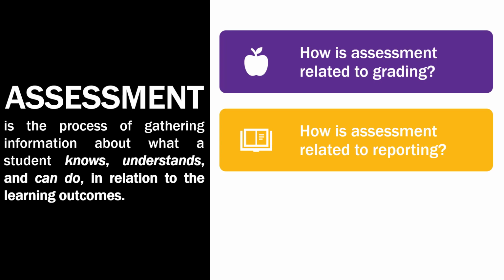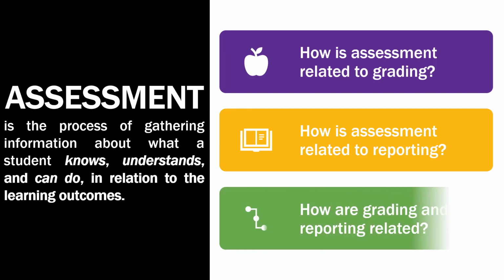Whereas reporting is actually the act of sharing assessment information and grades with stakeholders. And of course, we don't have to grade every single thing with a score. We can do things as an assessment that we're just going to give descriptive feedback on. And grading and reporting are related because we almost always report our grades.